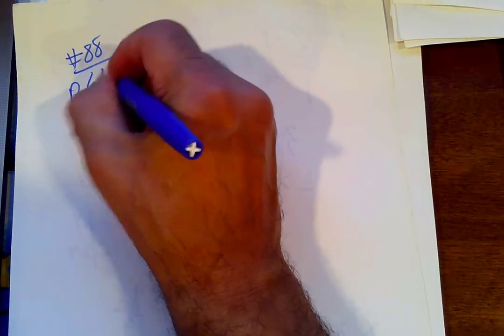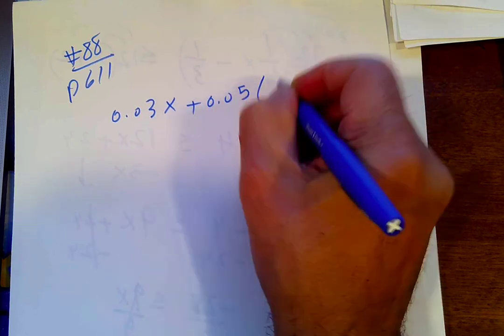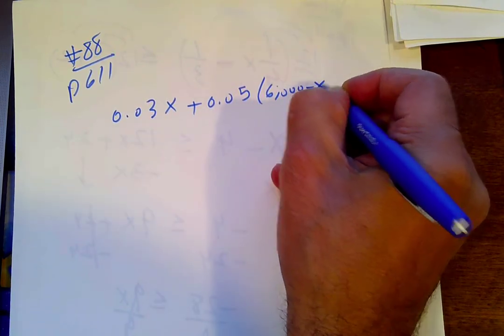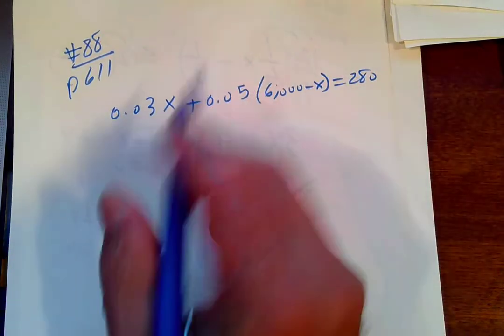Okay, that's that. And next example is 88. I want to do one with decimals, so 88 from page 611: 0.03x plus 0.05 times the quantity 6000 minus x equals 280.